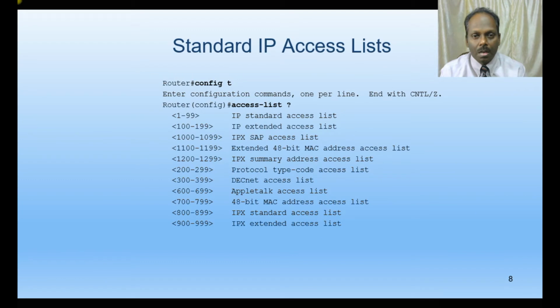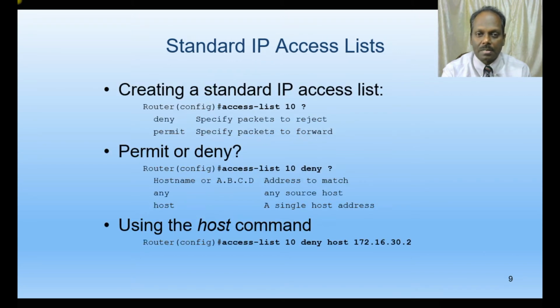Please remember, in standard access list, the access list number is from 1 to 99. In extended access list, it is from 100 to 199. This is mandated, this has been set. The rest of the other ranges we don't really use. We use only standard and extended access lists.